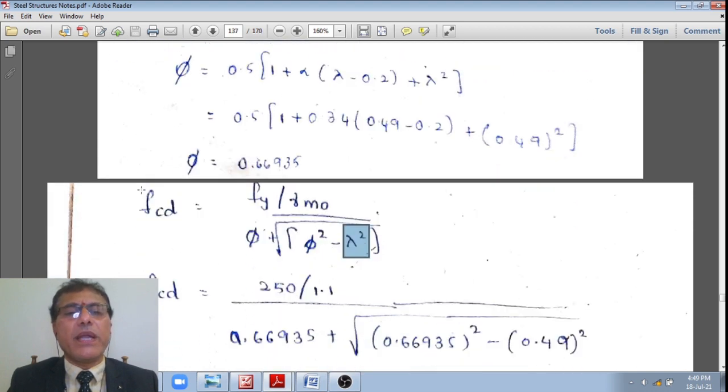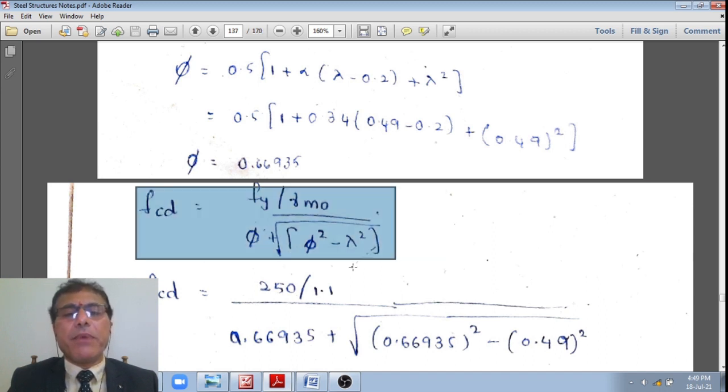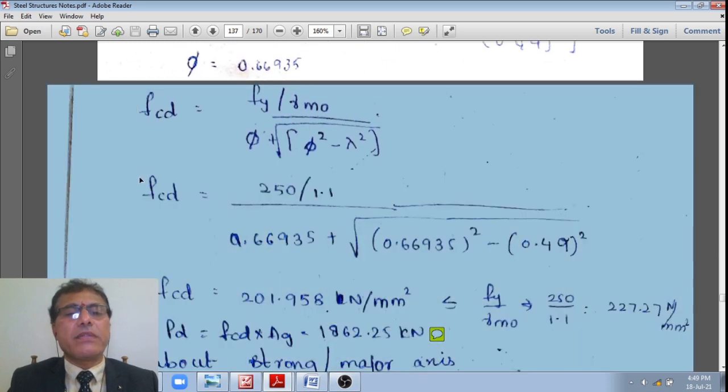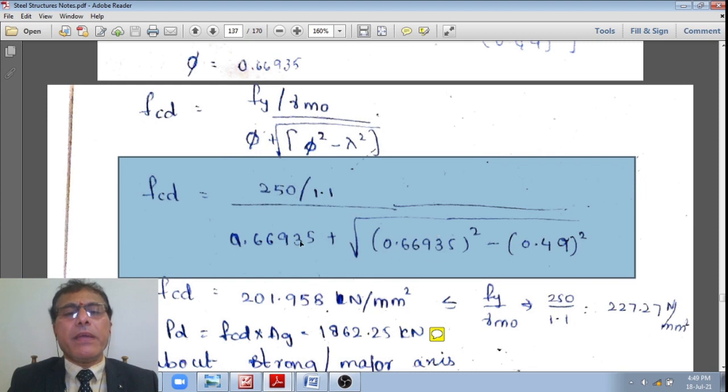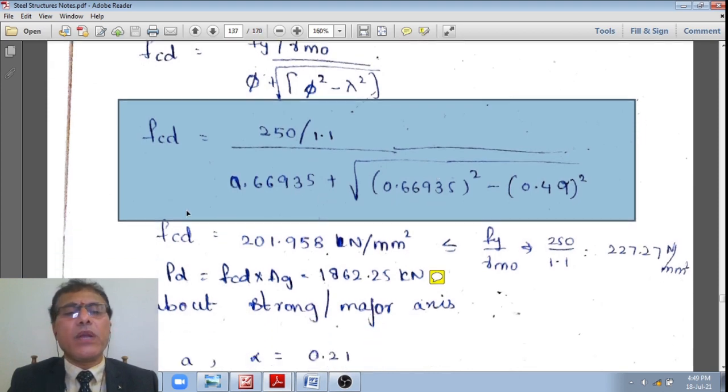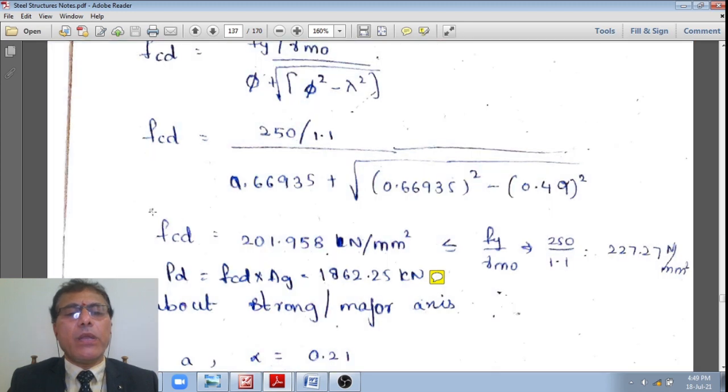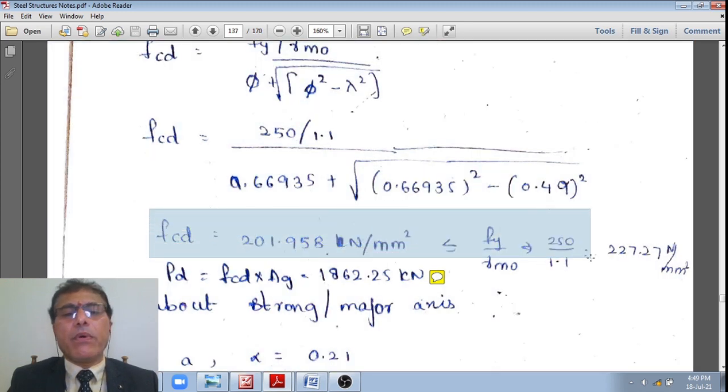Substituting which, I'll get the permissible axial compressive stress, or direct compressive stress, both are the same: Fy divided by gamma m0, divided by phi plus square root of phi square minus lambda square. That is 250 divided by 1.1 divided by 0.66935 plus square root of 0.66935 whole square minus 0.49 whole square, which works out to a value of 201.96 Newton per mm square.